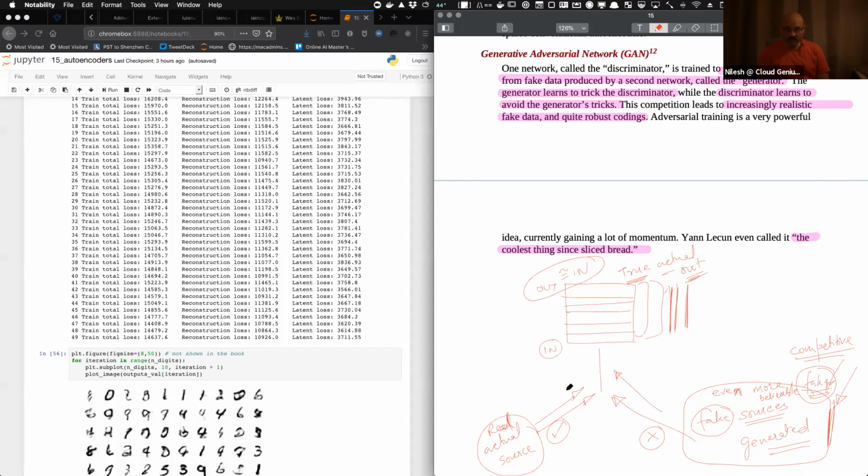And so these are two machines competing with each other. On one hand, this guy is trying to detect fake, and on the other hand, this guy is trying to create more believable fakes. And they're fighting with each other. As a consequence, this relationship of competition will make both the systems robust.